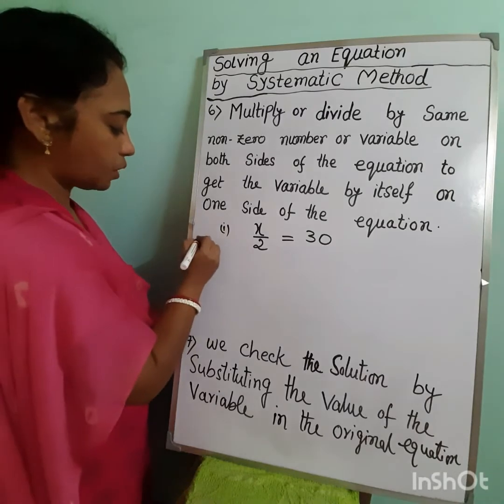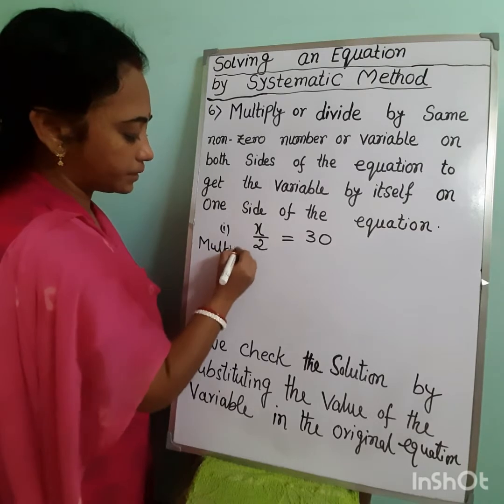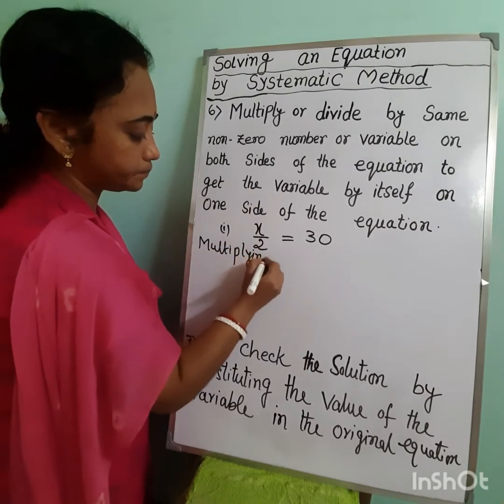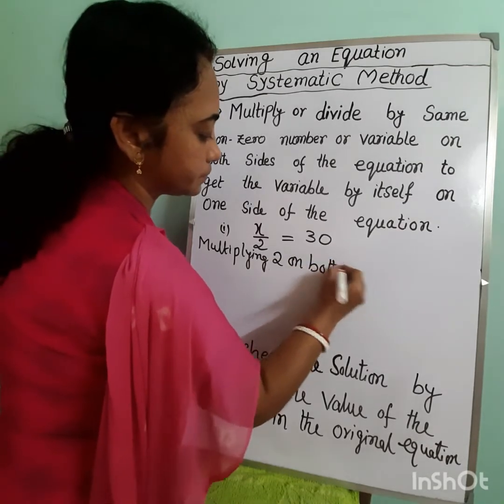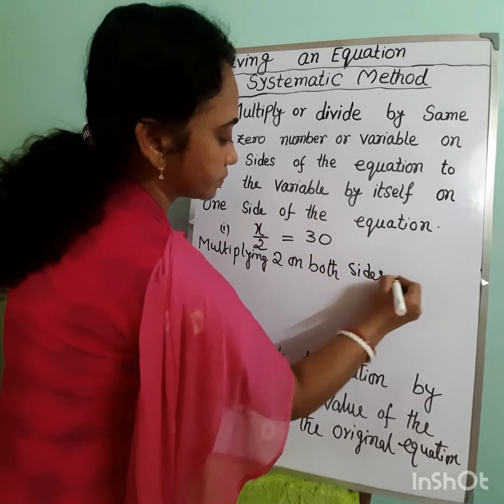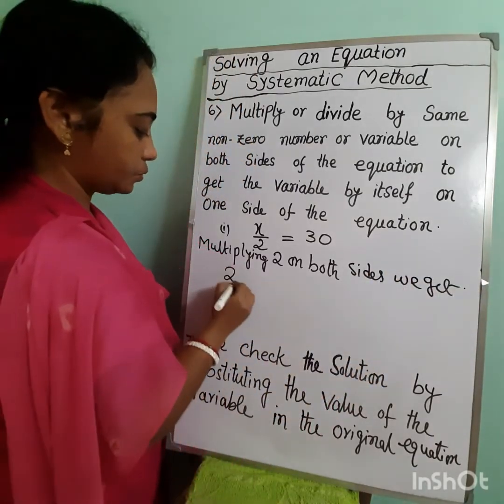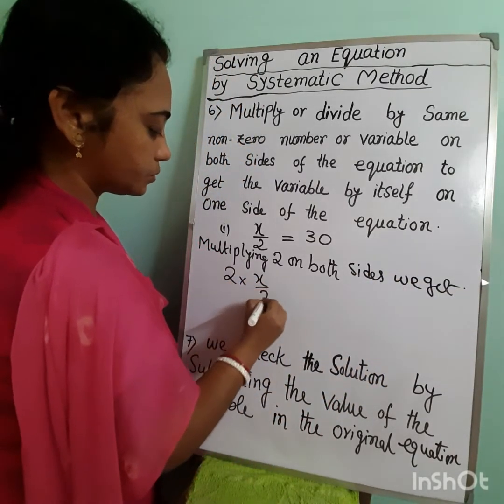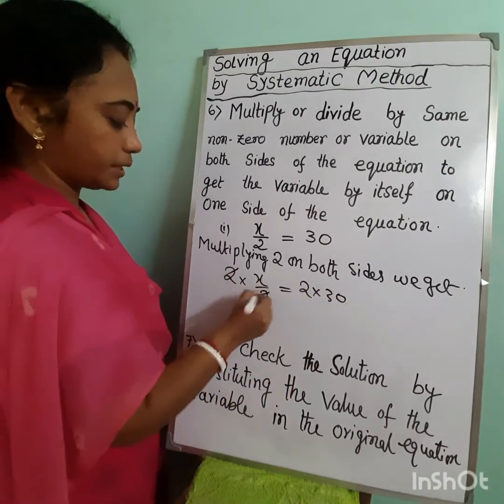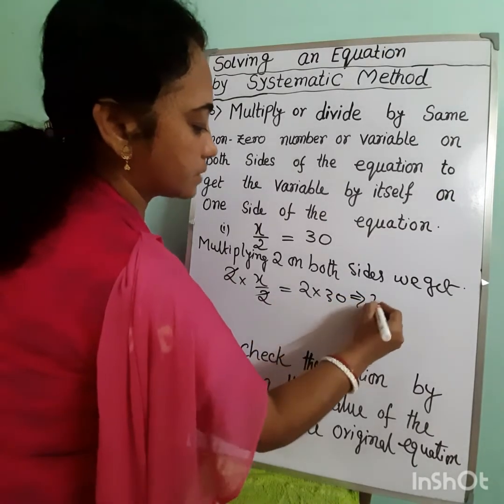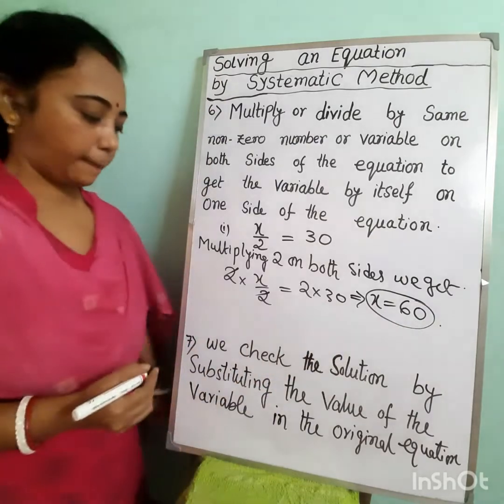So multiplying 2 on both sides, we get 2 multiplied by x by 2 is equal to 2 multiplied by 30. So this implies x is equal to 60. So we can easily get the solution of the equation.